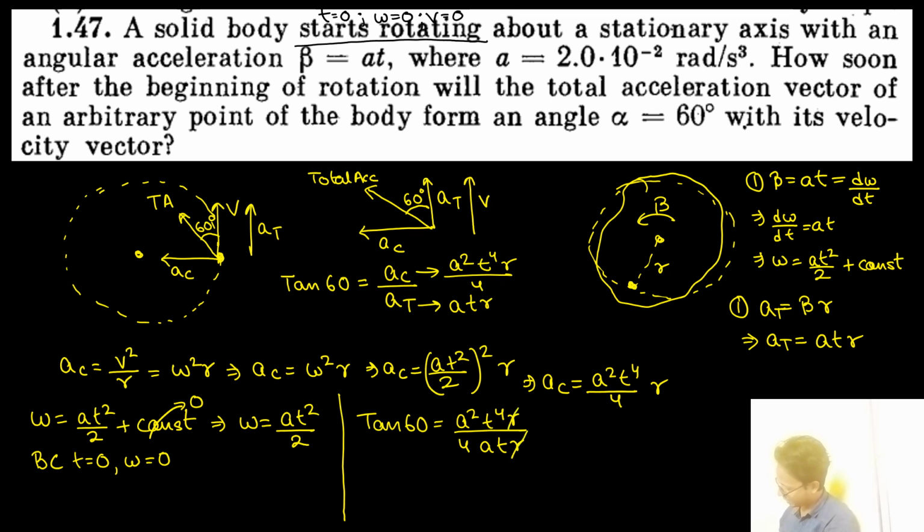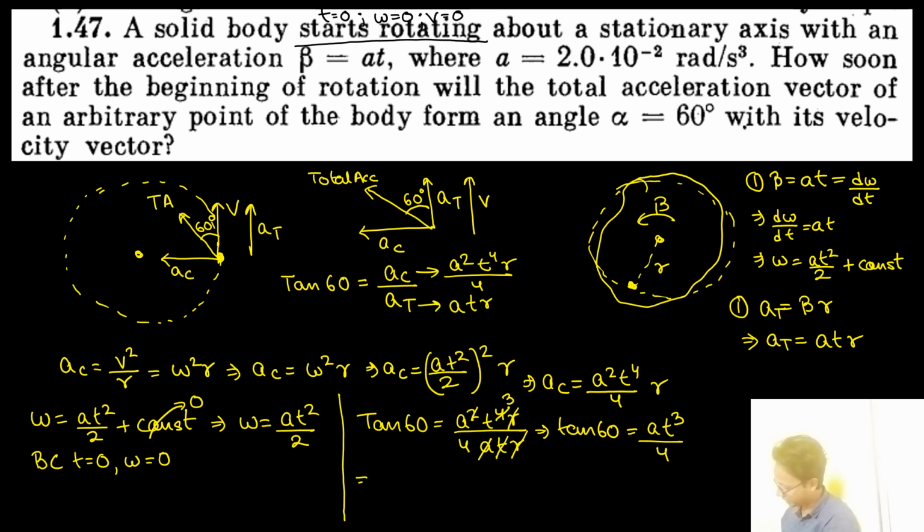R and r would get cancelled, t and t to the power 4 would get cancelled to leave t cubed, a and a square would get cancelled, or tan 60 is equal to a t cubed by 4.